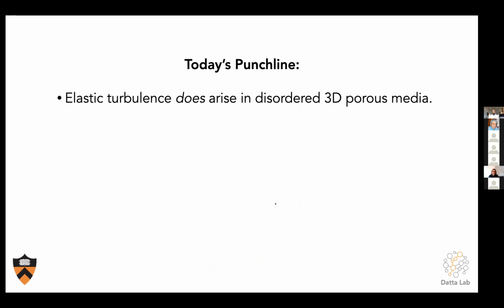And so what I'm going to tell you about today, I'm just going to jump straight to the punchline. I'm going to show you that by directly visualizing the flow inside a disordered 3D porous medium, we were able to show that elastic turbulence does arise. The flows become chaotic due to the polymer elasticity.